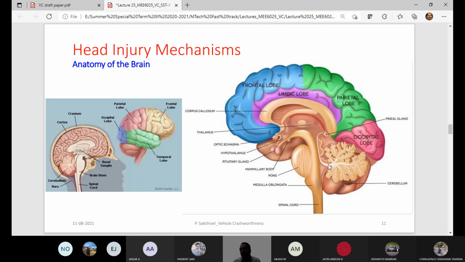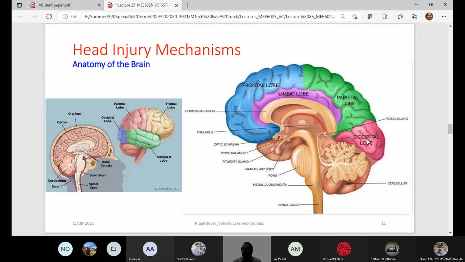On this side, if you look at the bottom of the brain, we have the cerebellum. That's very important. Fluid is there around this brain. Our brain has a frontal lobe, parietal lobe, and occipital lobe. The occipital lobe is something we will come across in neck injury and head injury.